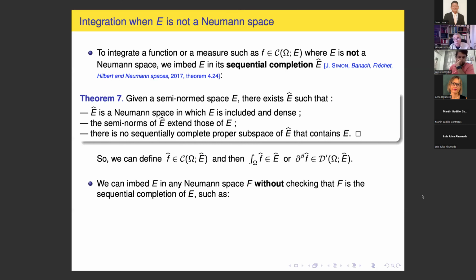It is not necessary, in fact, that the space F is a sequential completion.